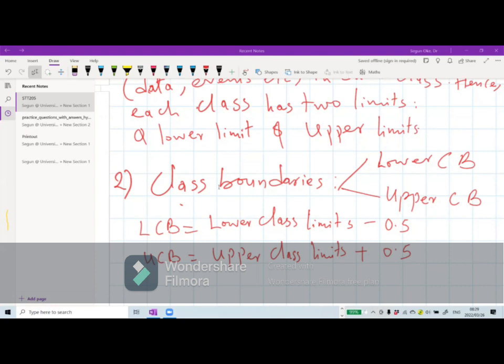Anytime you are asked to do the class boundary of a class limit or class interval, that is when you perform that operation. Okay, I see. Thank you. You're welcome.